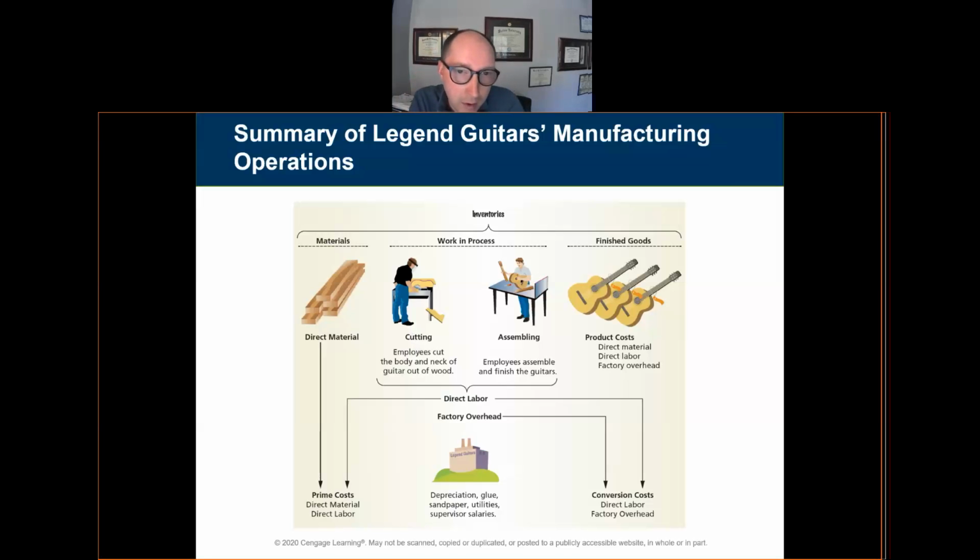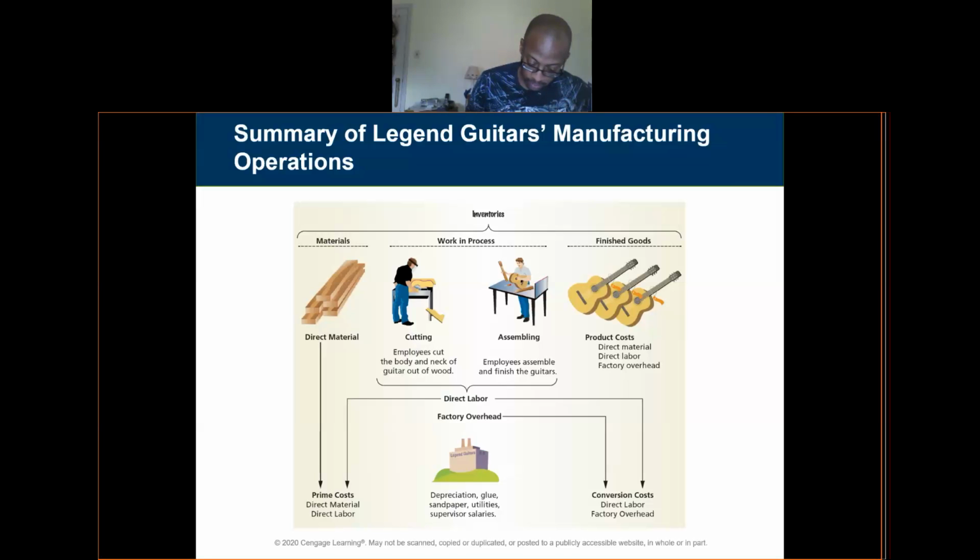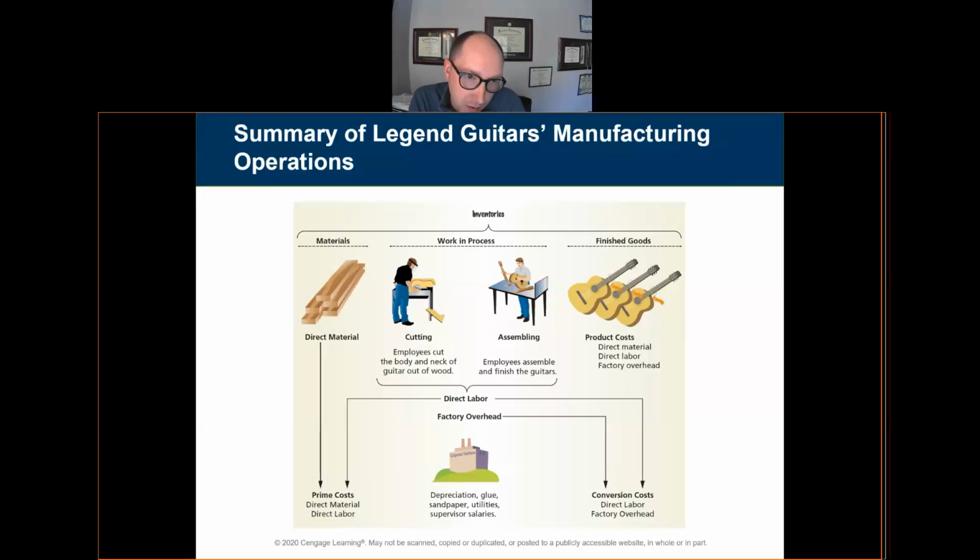In our company, we have direct materials, work in process, and finished goods. To create a single product, we have direct materials, direct labor, and factory overhead. Just like we learned in the last chapter, direct materials and direct labor are part of prime costs. Direct labor and factory overhead are part of conversion costs. All of these costs are associated with manufacturing a product.